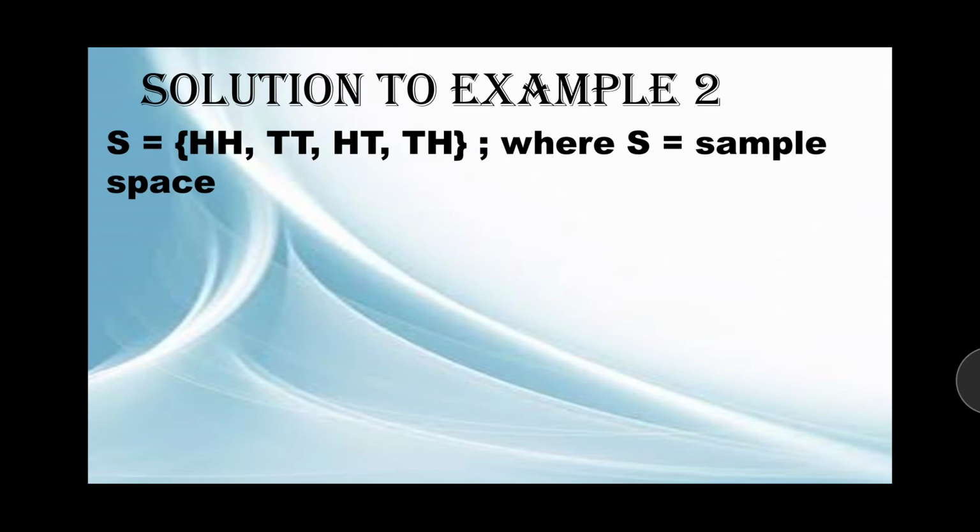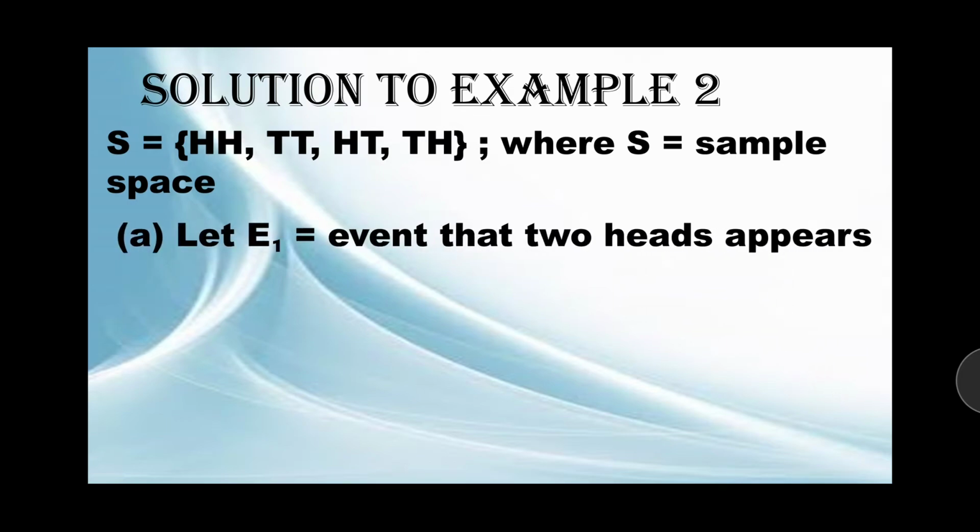The sample space is going to be 4. We could have head head as you see on the screen. We could have tail tail. We could have head tail or tail head. So if we count the number of possible outcomes in that curly bracket, we have 4. It means our sample space is 4.